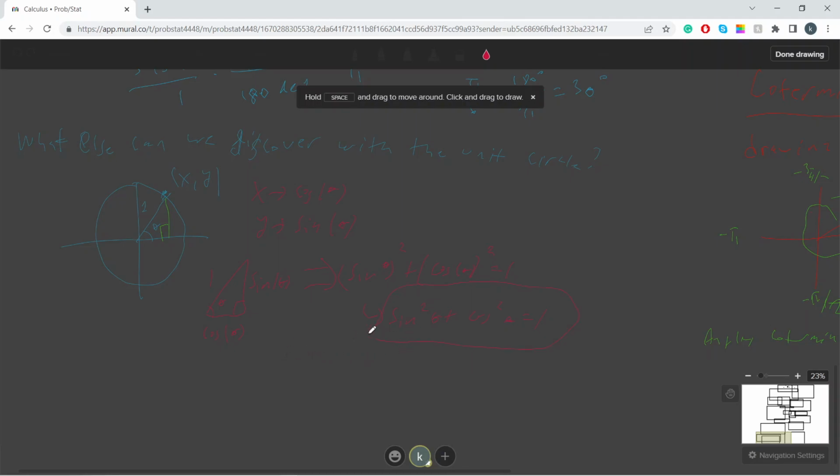Now, what else can we do here? We can express equivalent formulations. Let's say we divide this expression on both sides by sine squared of theta. So we have sine squared theta plus cosine squared theta equals 1, and then we divide both sides by sine squared theta.